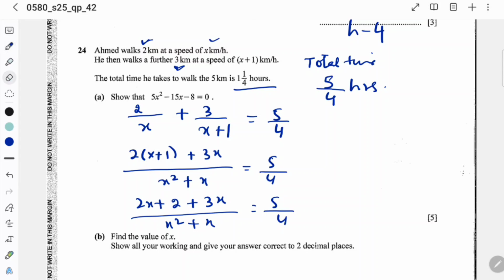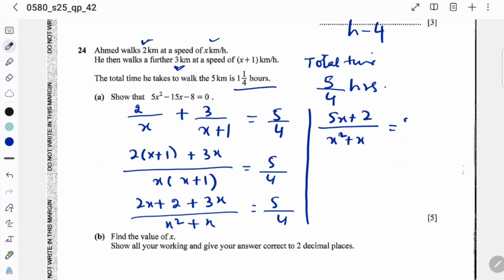When you multiply x times x plus 1, that is equal to x square plus x. First of all simplify, 2x plus 2 plus 3x gives 5x plus 2 upon x square plus x, equals 5 upon 4.